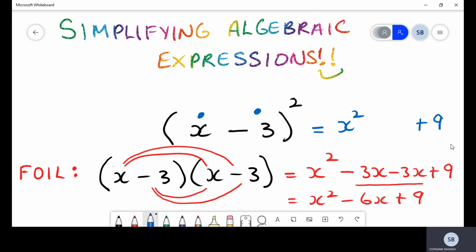And then to get your missing middle term, you simply multiply both terms along with your power up top. So you would multiply x, multiply by negative 3, multiply by your power 2. That gives us negative 6x, and we'll write it in here.